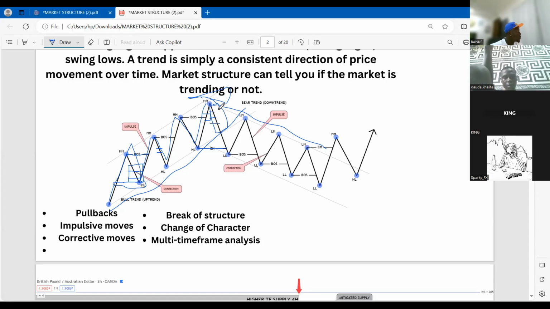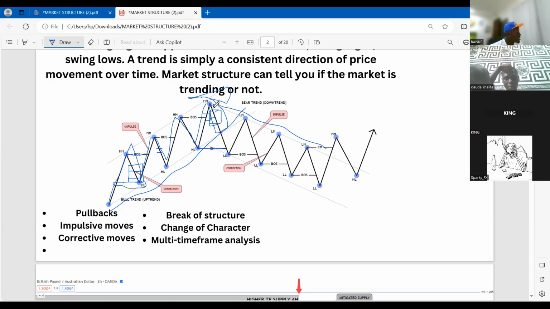People normally consider this as the overall change of character, price giving a change of character on the smaller time frame inside a higher time frame pullback. That's one main mistake people make. They identify the internal change of character for the overall trend, which is very wrong.